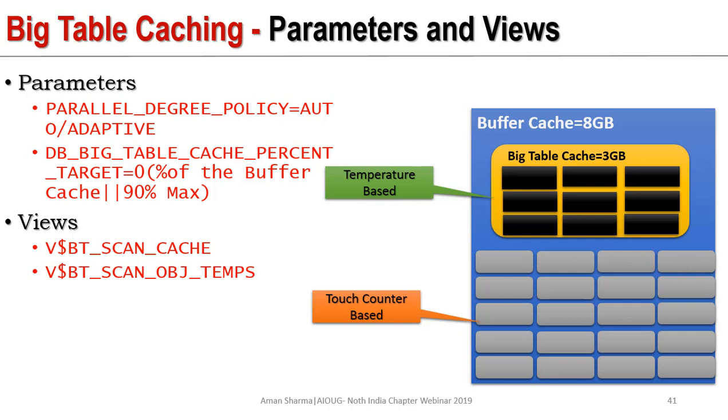That means you are going to have a smaller chunk of the buffer cache dedicated to this temperature based caching, and you can use it for those tables which you consider to be big tables. Obviously you are able to see the temperature of these tables, and the temperature increases if the buffers of such tables are accessed again and again.